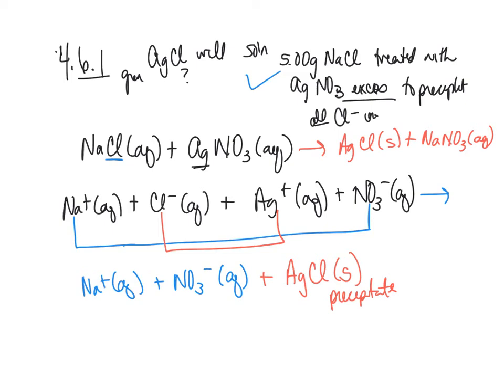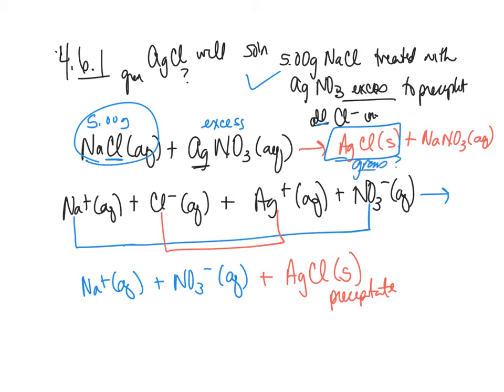Now it says 5 grams of sodium chloride is treated with excess silver nitrate to precipitate all the chloride ions. So the question is, how many grams, what mass of silver chloride will be recovered?